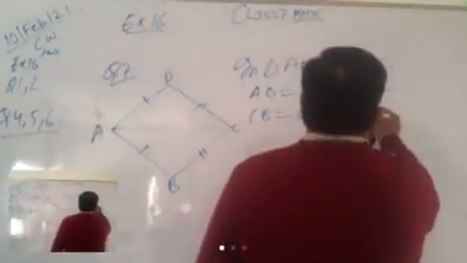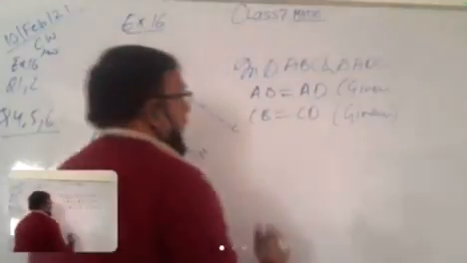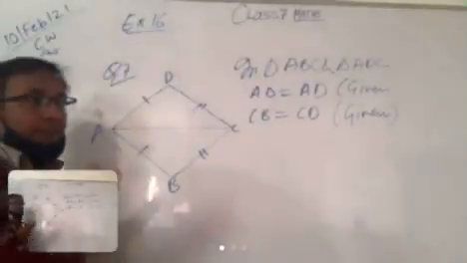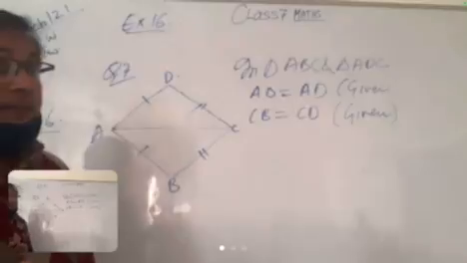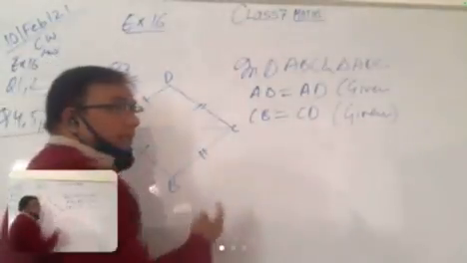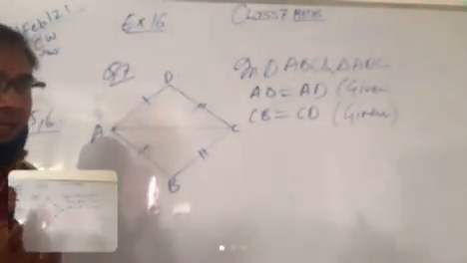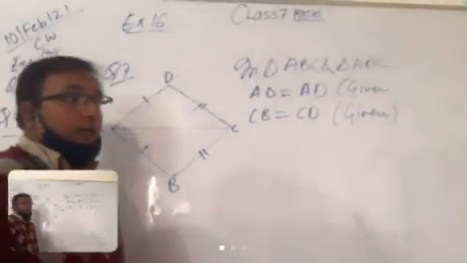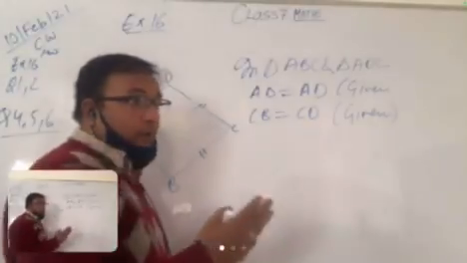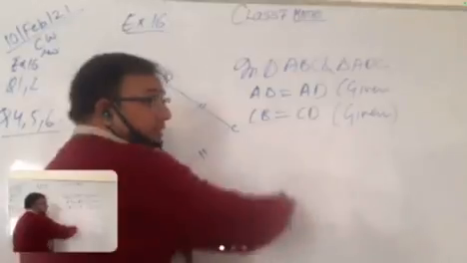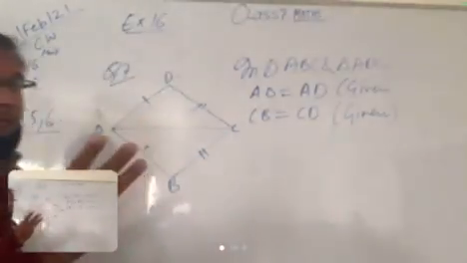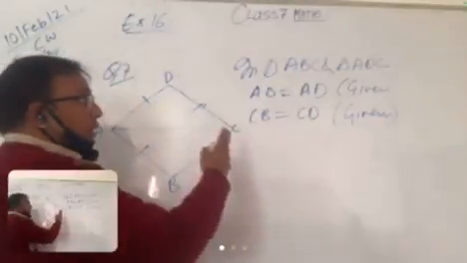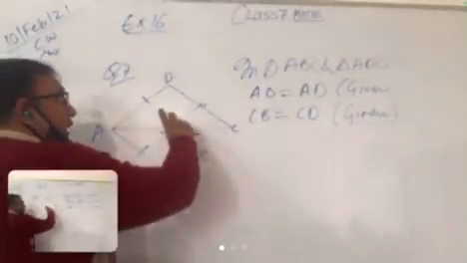This is also given. So we know that if we have three conditions, then we say that these two triangles are congruent by either of the rules. When three parts are equal, we say that the two triangles are congruent.